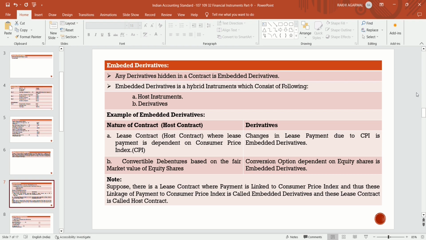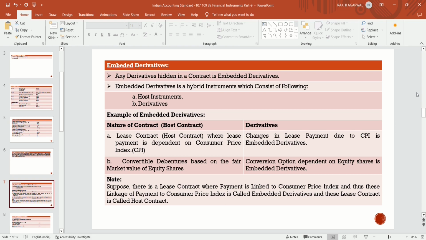So the change in lease payment due to CPI is an embedded derivative, because if the consumer price index changes, that contract is also treated as a variable transaction. So in that case, the derivative contract is the change in lease payment due to the consumer price index.